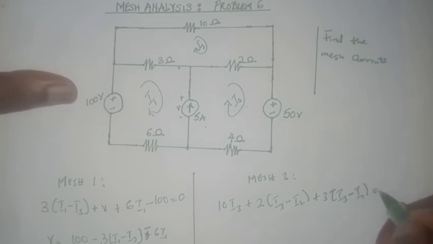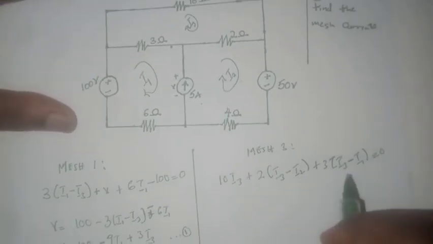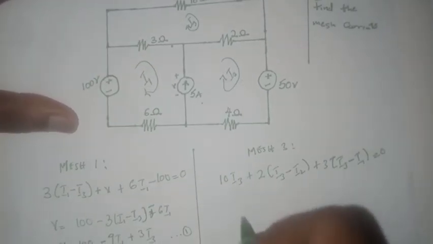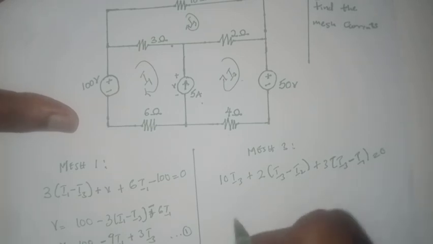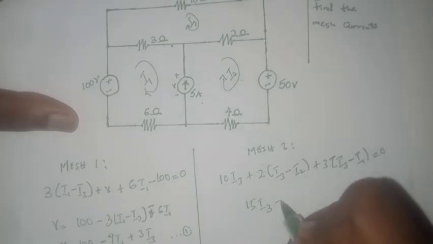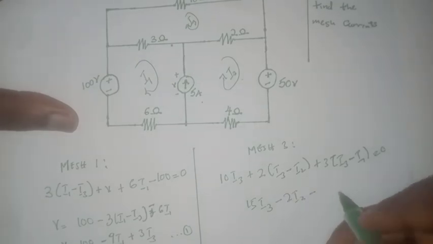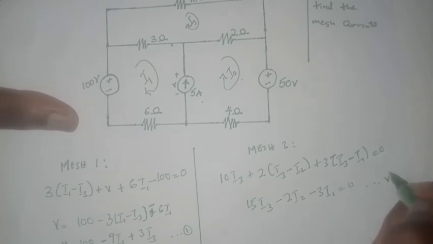Then we equate it all to 0. We can then simplify this further, and we would have 15I3 minus 2I2 minus 3I1, all equals 0. We can call this the fifth and the last equation.